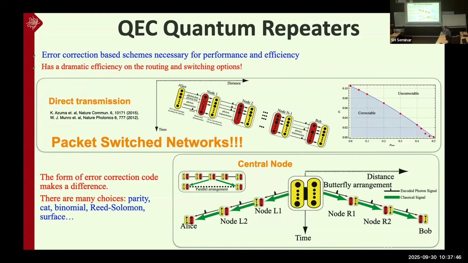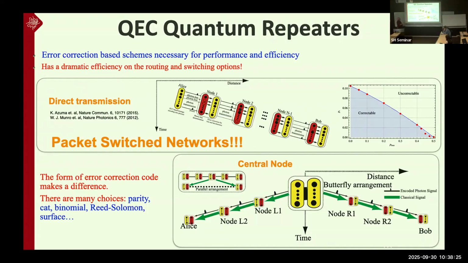I can take the same scheme and do it in what we called a butterfly many years ago, where I have some more central node and they ship half a Bell pair out each, so that these error corrected Bell pairs are received at Alice and Bob at roughly the same time. What that means is no repeater station along here needs any long-lived memories at all, including for all the classical information flow. So you can start thinking about the design of this.